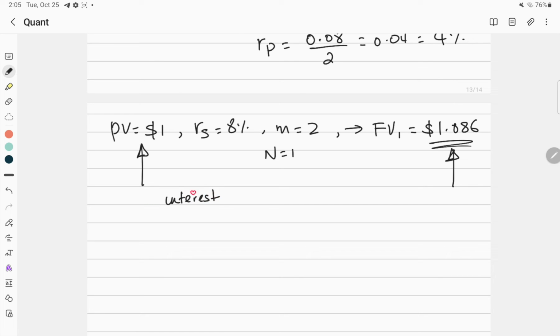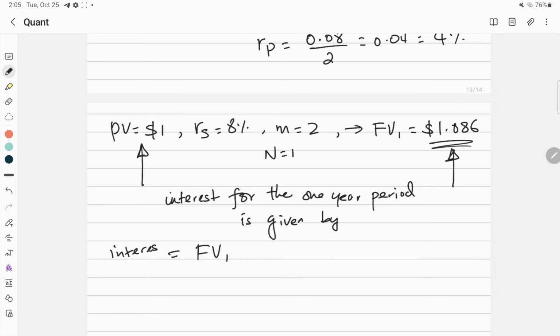The interest for the 1-year period is given by FV1 minus PV. So that is 1.0816 minus $1. So over the past year, we have obtained an interest of about 8 cents, 8.16 cents.